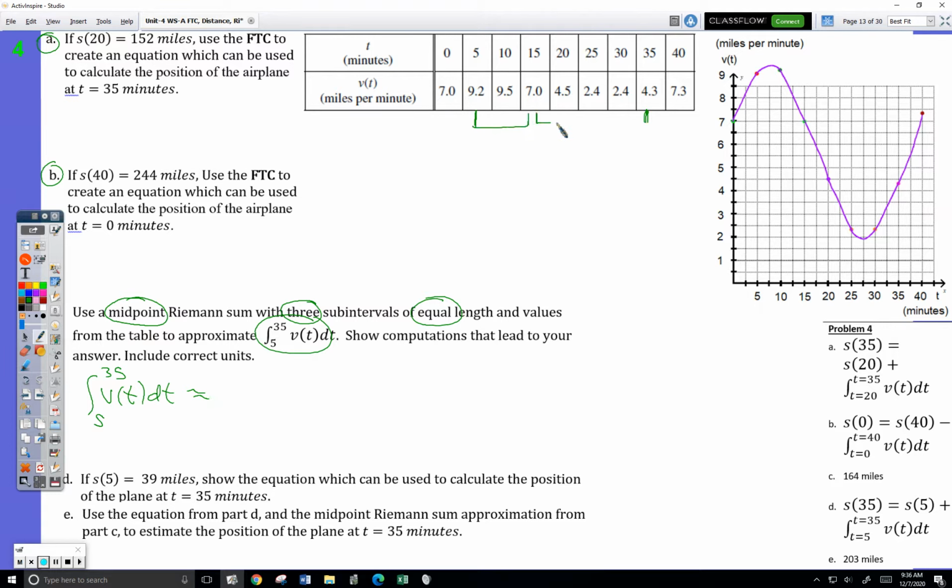The table nicely accommodates that. We are still supposed to be multiplying a velocity by a duration of time for each subinterval.